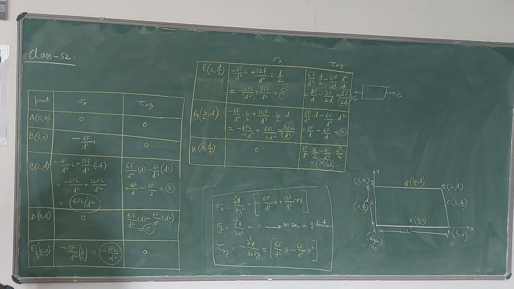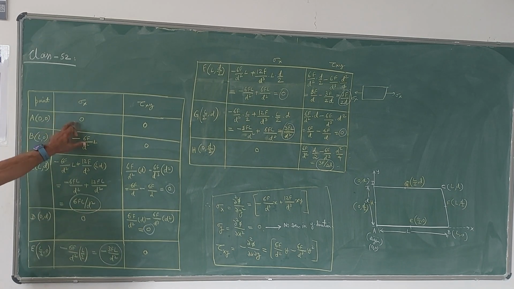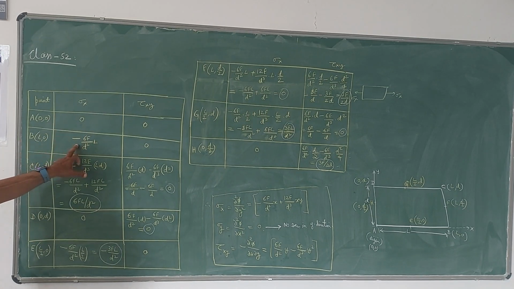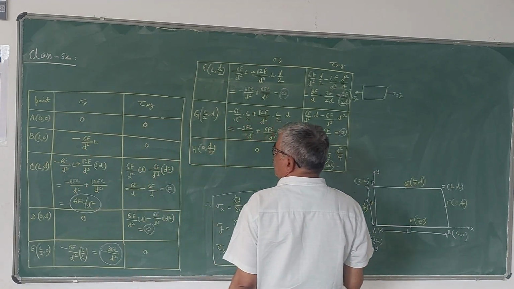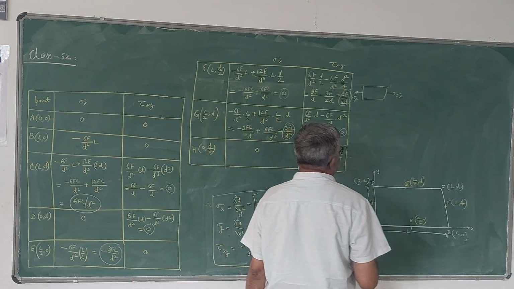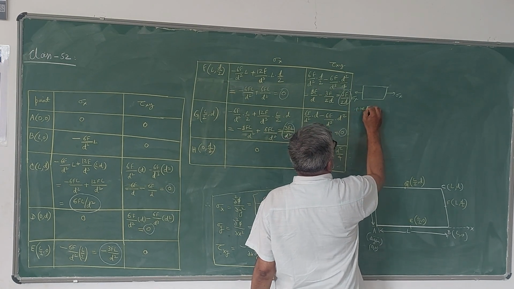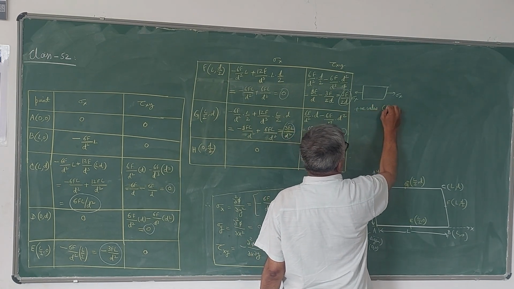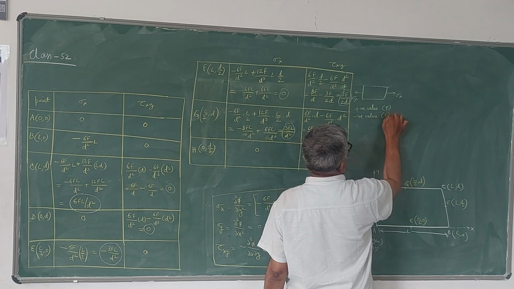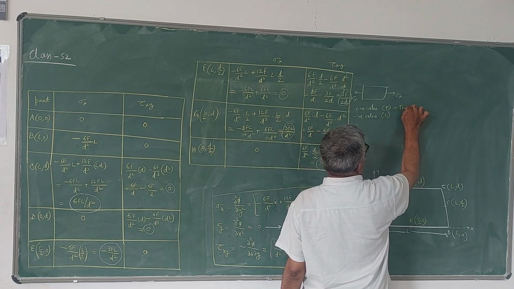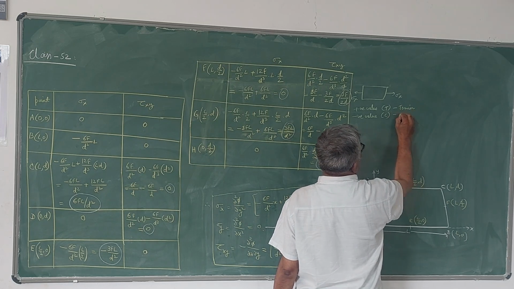Correct? Being only minus 6f by d square L, it is a constant of course. Minus means it is compression. Please note that. Positive value, tension. You just remember this.